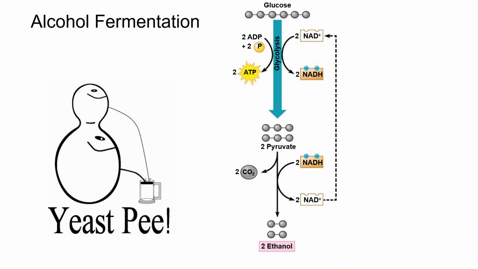We have the breakdown of glucose to pyruvate with the production of ATP and NADH in the process, right? That's the same. We also have that second step there where NADH is used and recycled back to the first step, but this time carbon dioxide is released as a waste product. Instead of lactate, we're left with ethanol or alcohol.